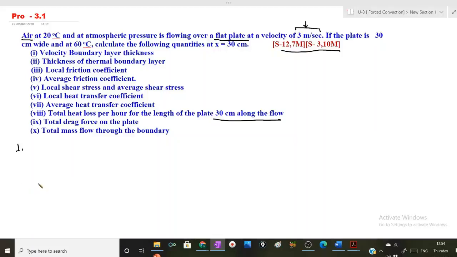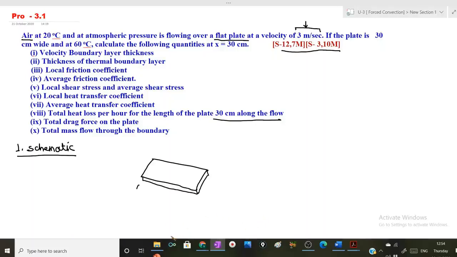So very first step, if you could remember, is drawing the schematic of this problem. So what is there in the problem? There is a flat plate of certain thickness.